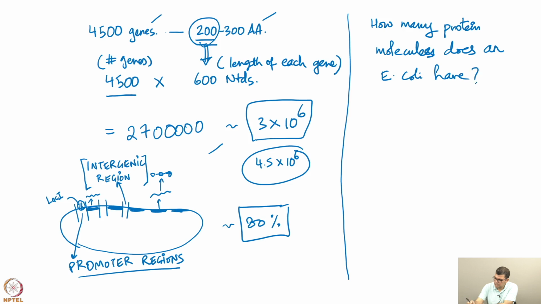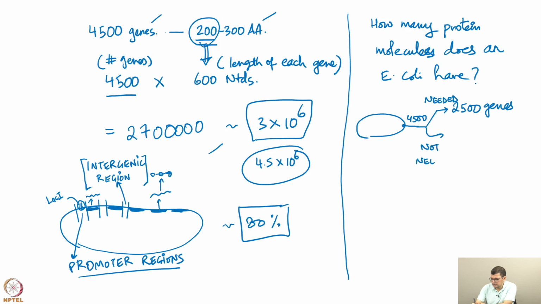What we mean by that is, let us imagine this bacteria growing in an environment, and in this environment it has 4,500 genes. Let us imagine that what are needed are 2,500 genes. These are needed and are being actively transcribed and translated. Not needed and hence not being expressed in this environment are another 2,000 genes.